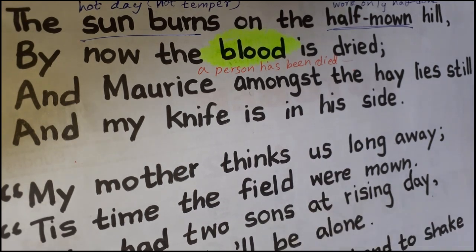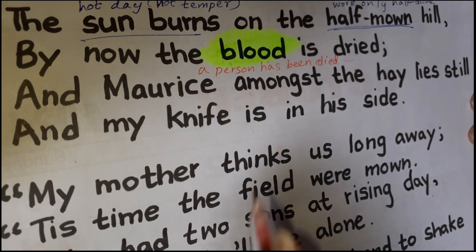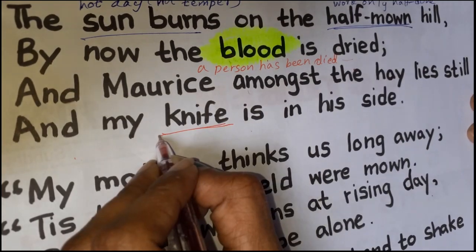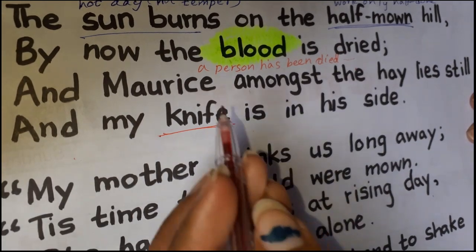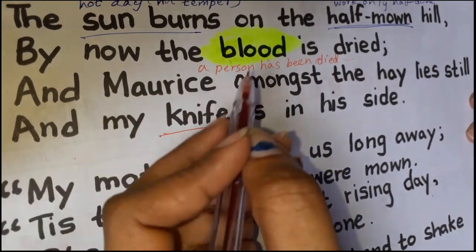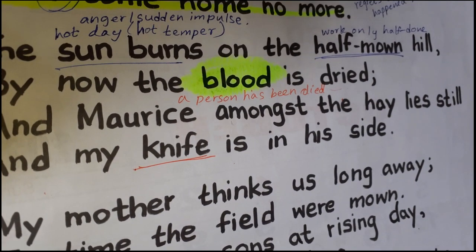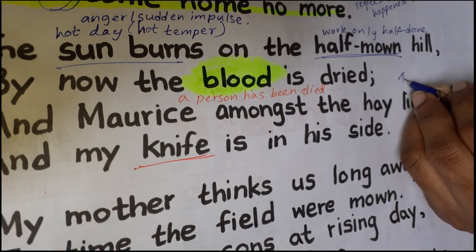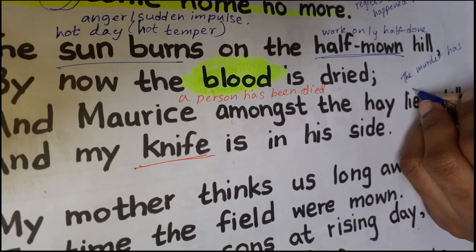So you can now get to know that he has used this tool, the knife, to stab his brother Maurice. So you can understand here that a murder has taken place.